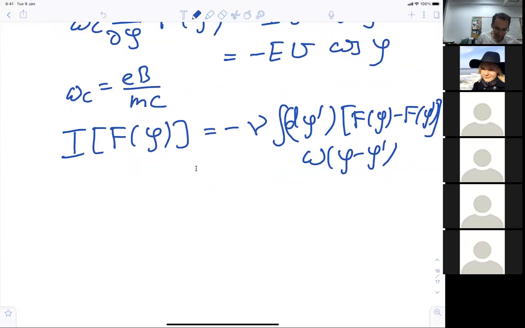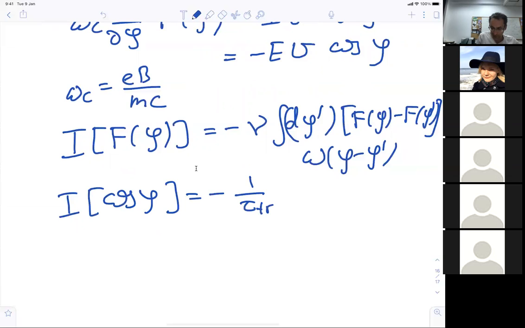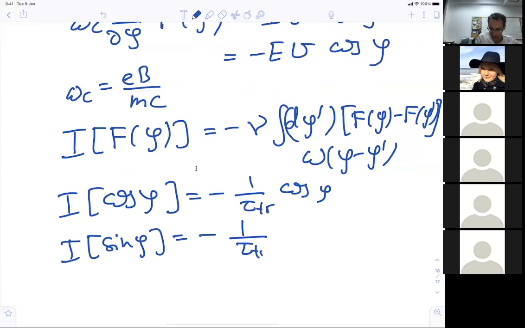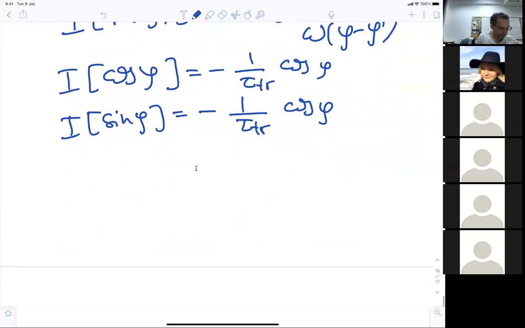Now again, we know how the collision integral acts on first harmonics. It acts on cosine phi and gives minus 1 over tau transport cosine phi. It acts on sine phi and gives again the same eigenmode with the same transport time.